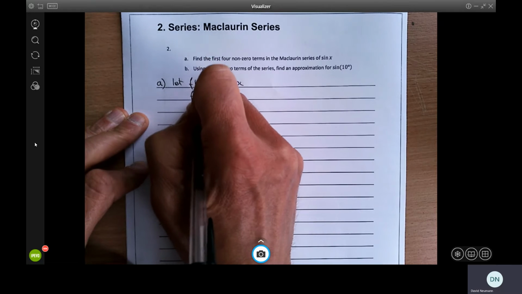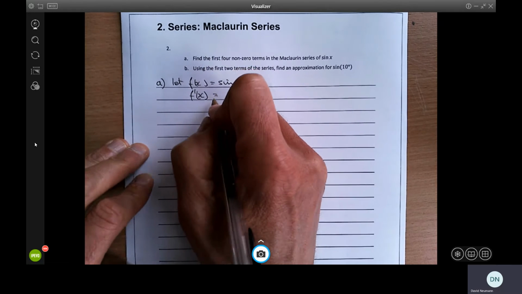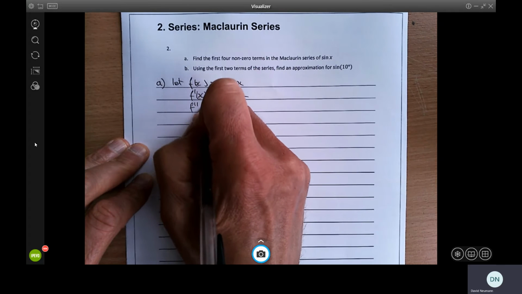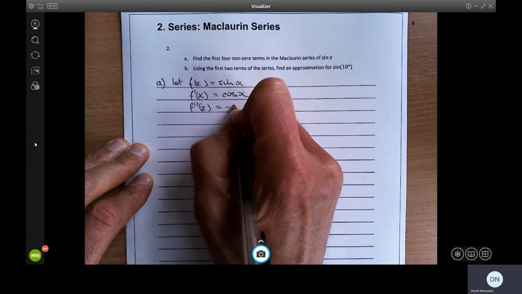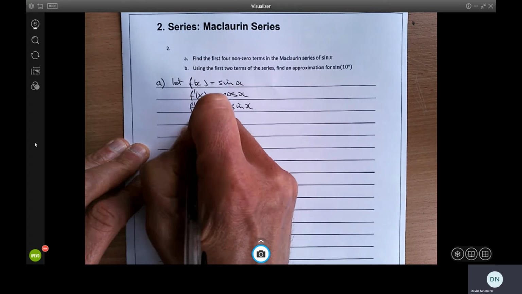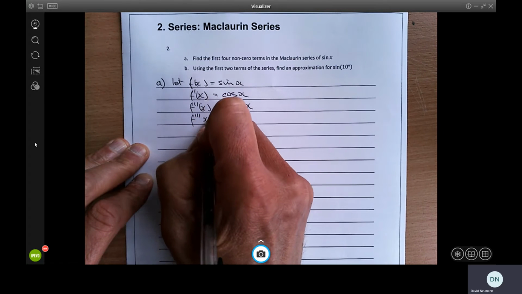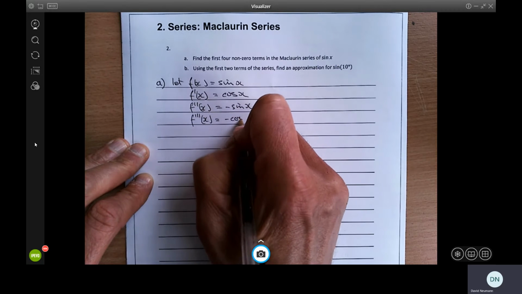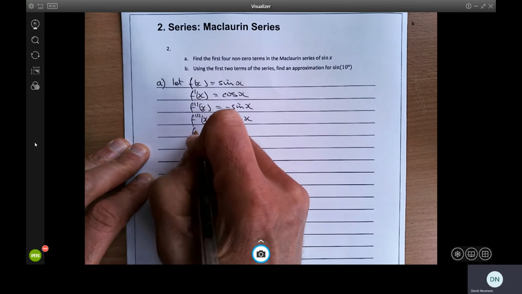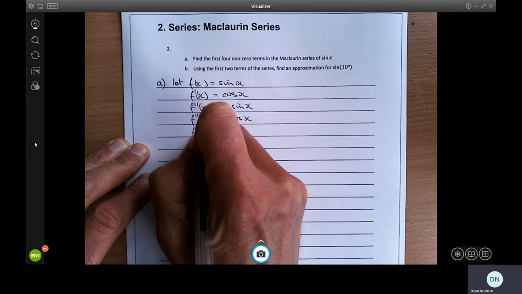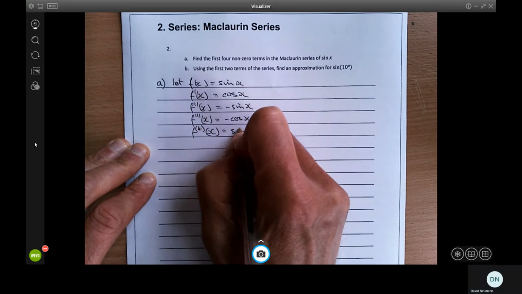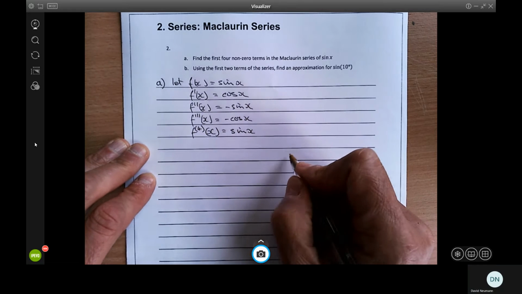Then f'(x), we know how to differentiate sine, is cos x. f''(x) is minus sin x. f'''(x) is minus cos x, and the fourth derivative of f is sin x again.